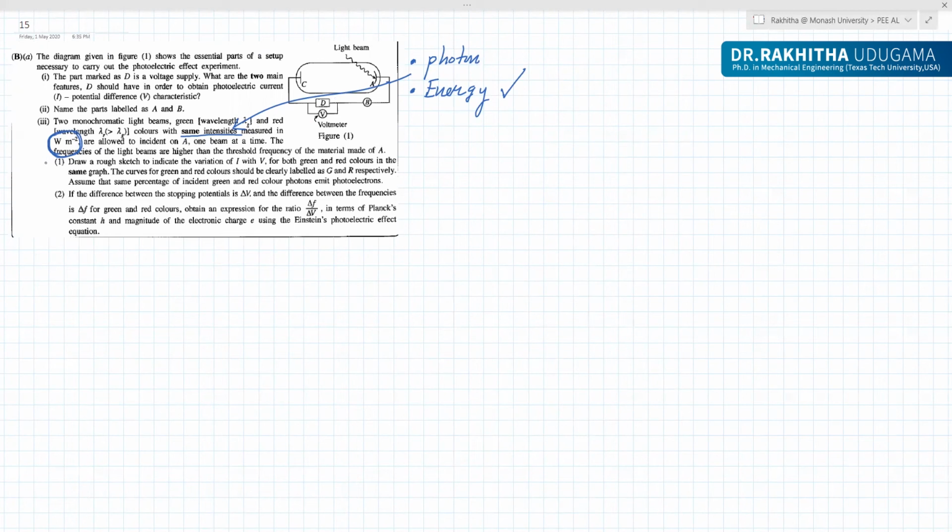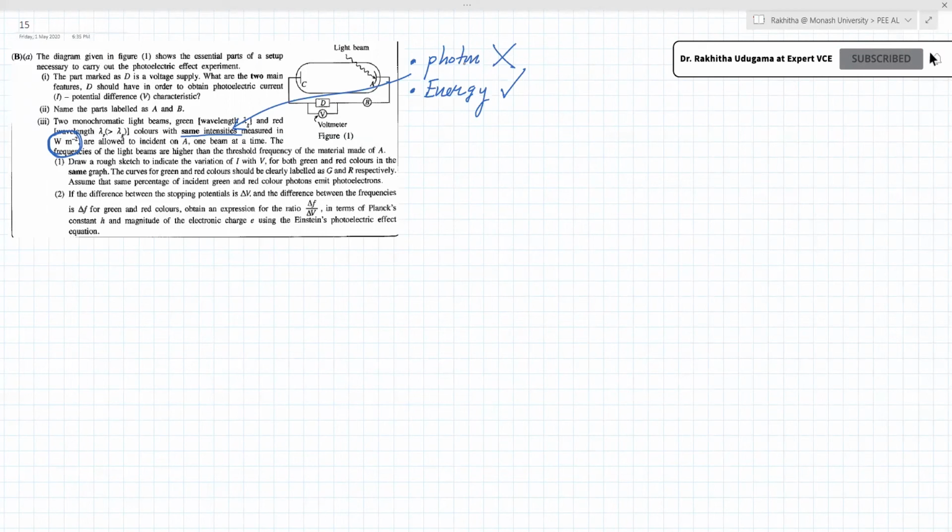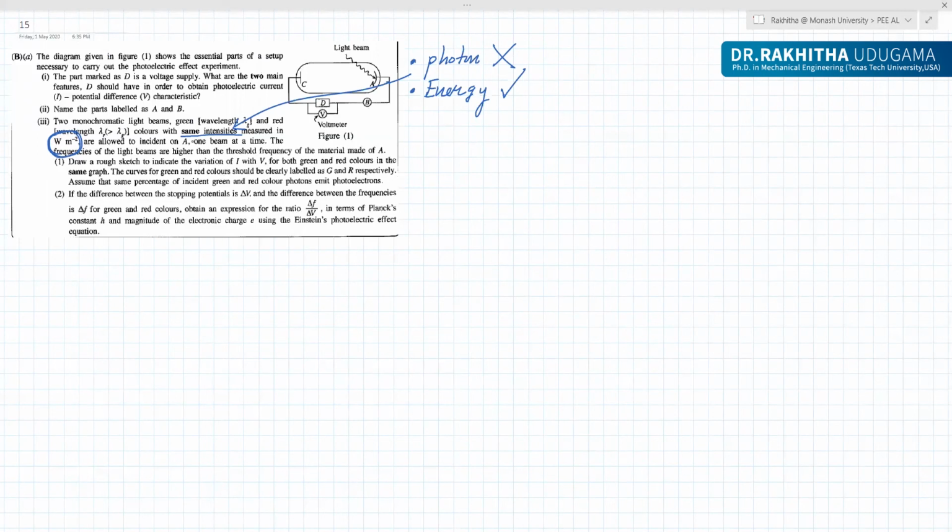See how tricky this is? The unit is given. But in my review, I have taken this photon intensity, which is conceptually right. But according to this question, they have given energy intensity. So you have to stick with that. And the same red and green photons are mentioned here.